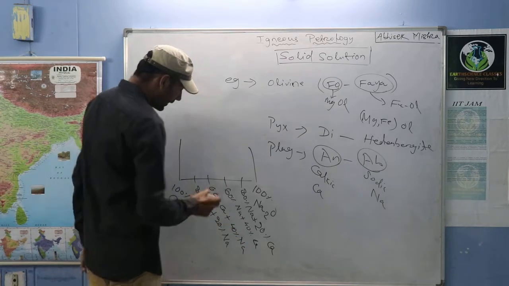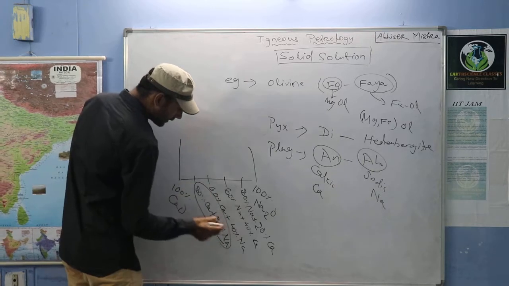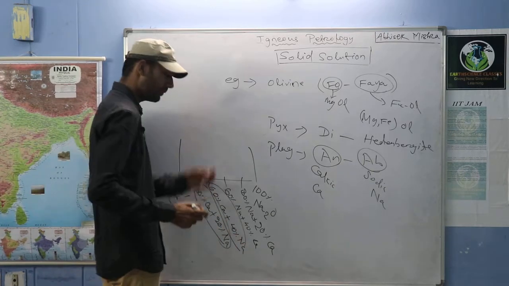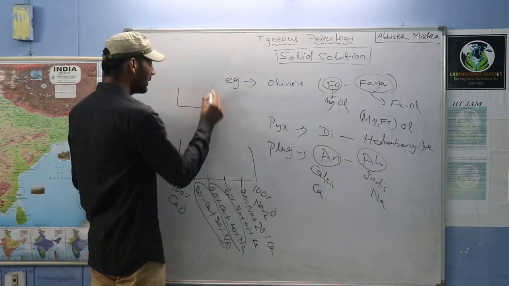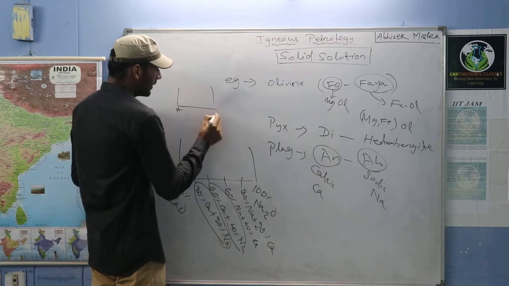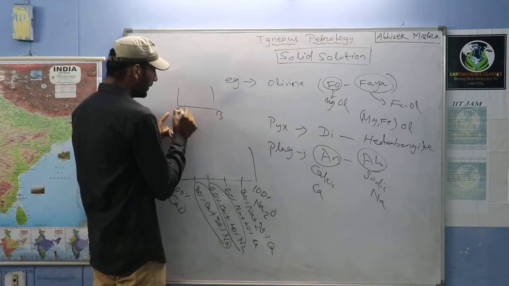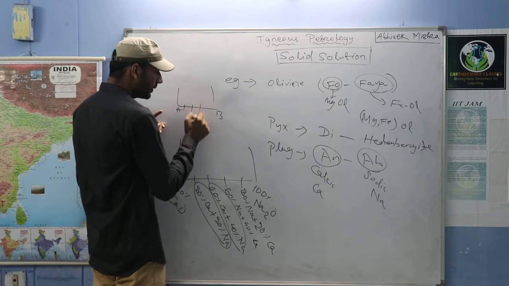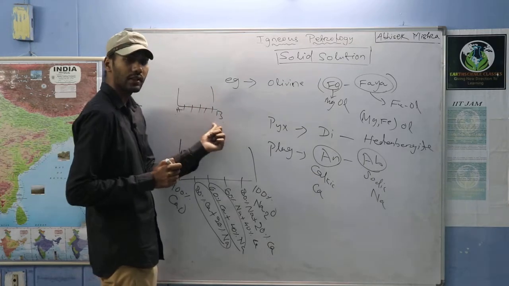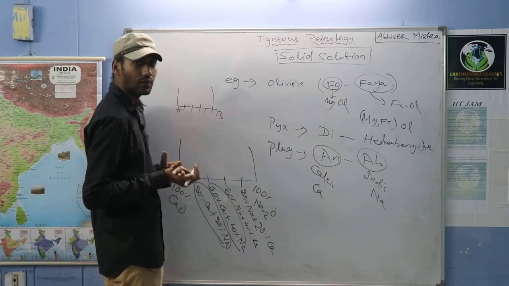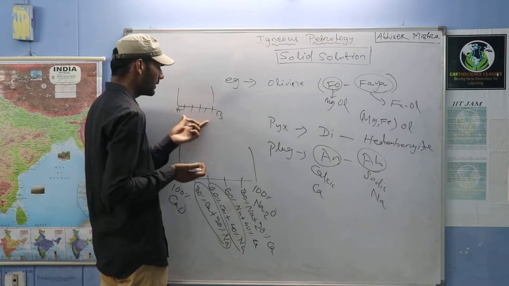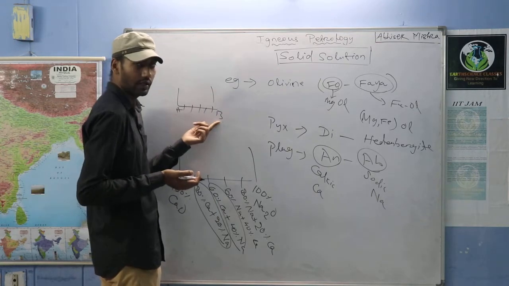These compositions were there in the previous cases also. In eutectic and peritectic we can get 100-0, 90-10, 80-20, 50-50, but those are not different compounds. Those are just combinations of A and B.